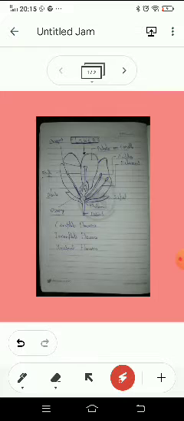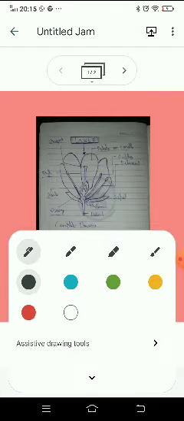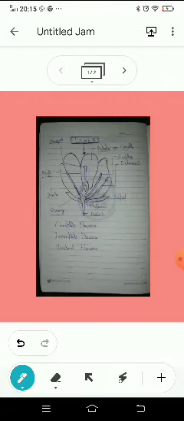Let me show you something. Why are they complete? Because they have sepals, that is the calyx, they also have corolla, and they also have androecium and gynoecium. That is why they are known as complete, hermaphrodite or bisexual flowers.